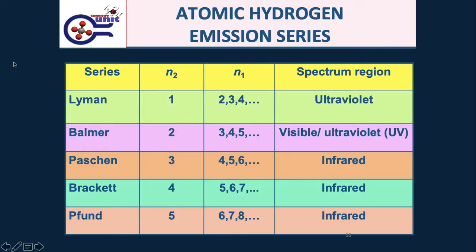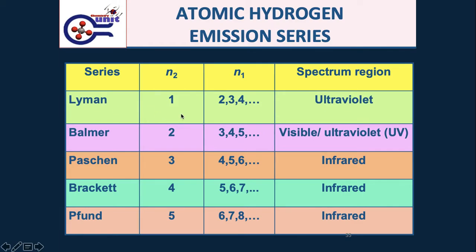This is an example of the atomic hydrogen emission series. For the Lyman series, if the electrons at the energy level of 2, 3, 4 and above fall onto the first energy level, or the first orbit, the spectrum region is ultraviolet and the series name is Lyman series.